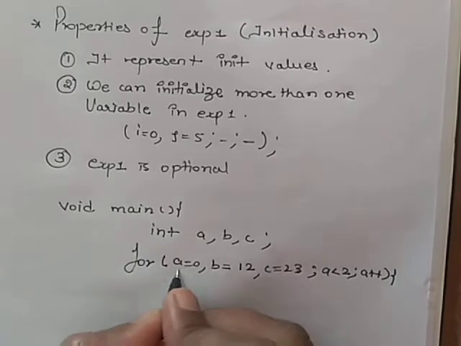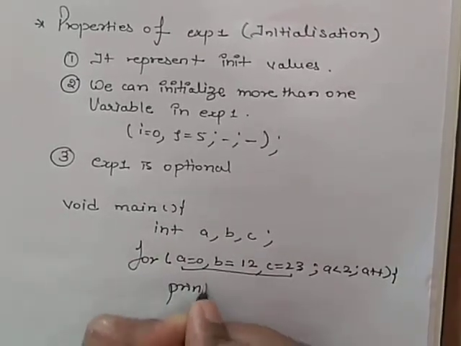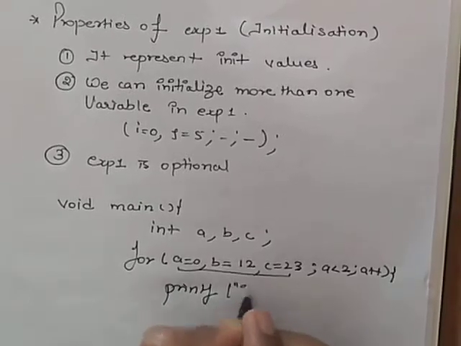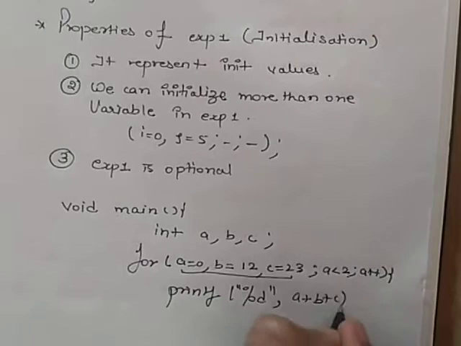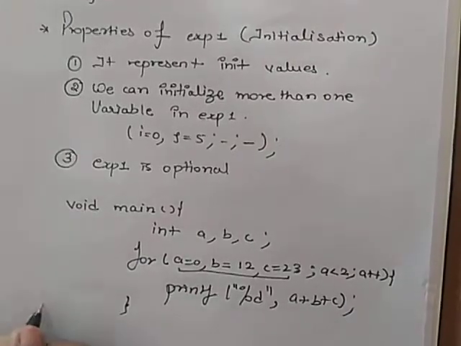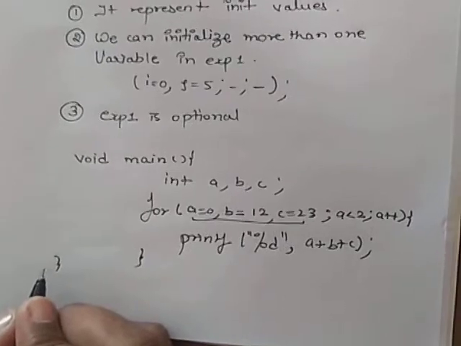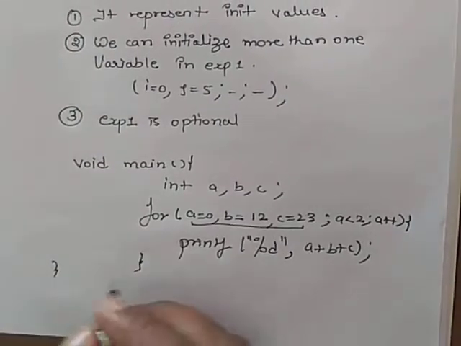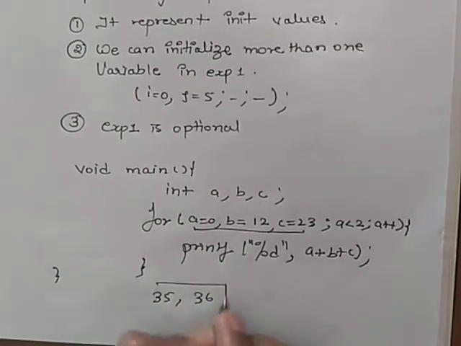So here we have taken three variables, printf percent d, a plus b plus c. So what is going to be printed here? Here we will get the answer 35 and 36.